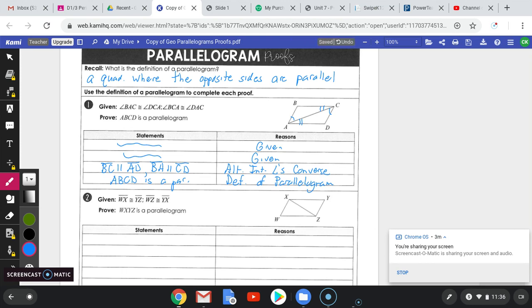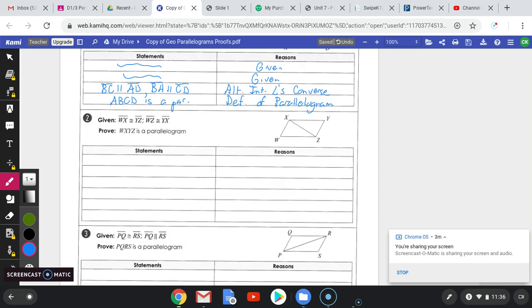Okay. So let's look at another one here. This one says WX is congruent to YZ, and WZ congruent to YX. Prove that it's a parallelogram. So let's do the same concept here.